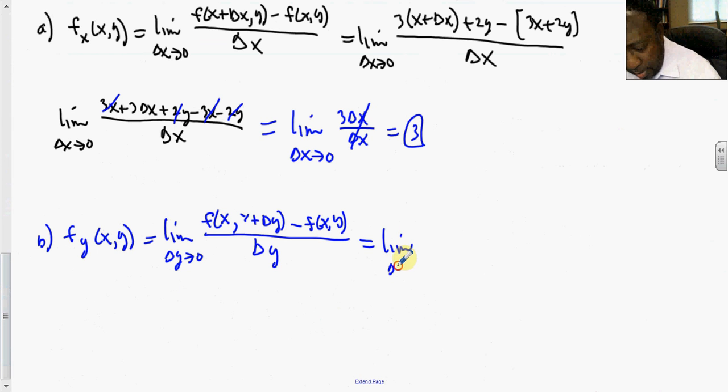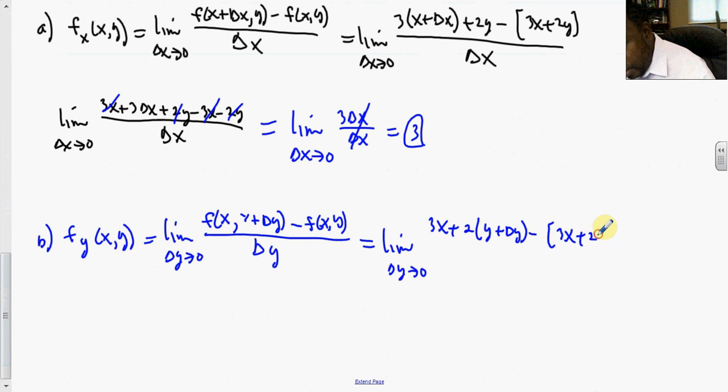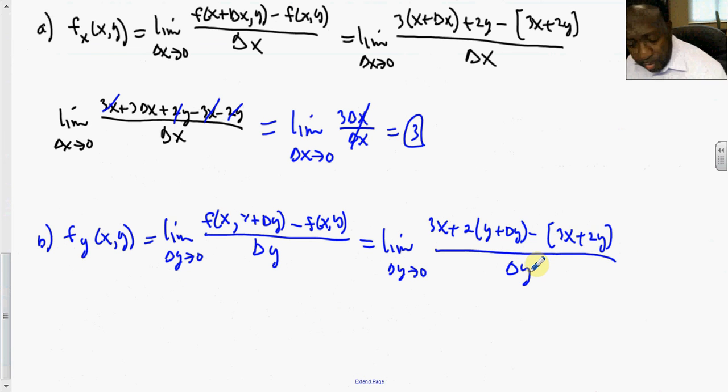The function is 3x plus 2y, but this y becomes y plus delta y, minus the expression 3x plus 2y, and that's all over delta y.